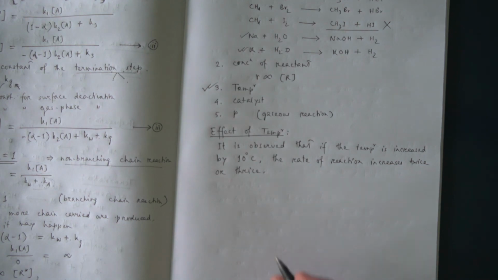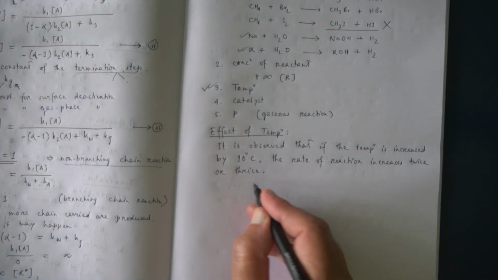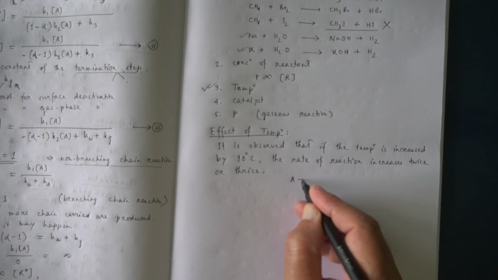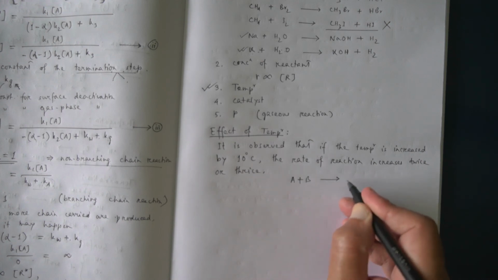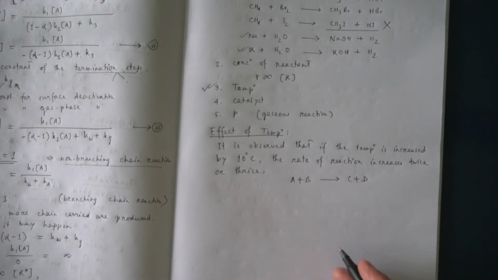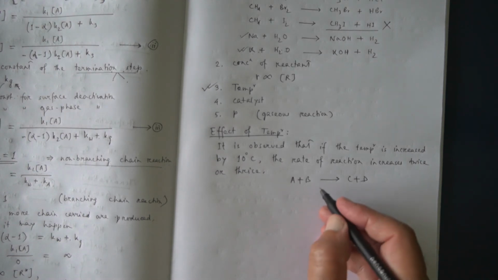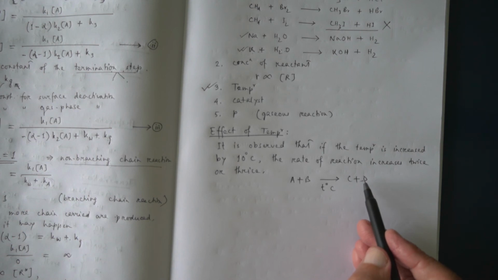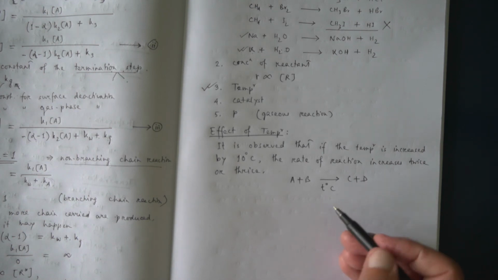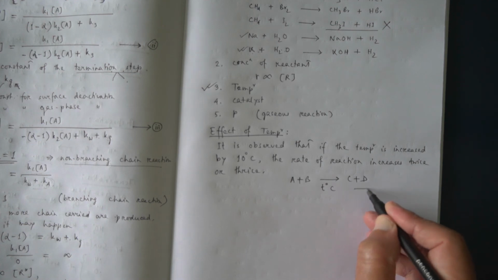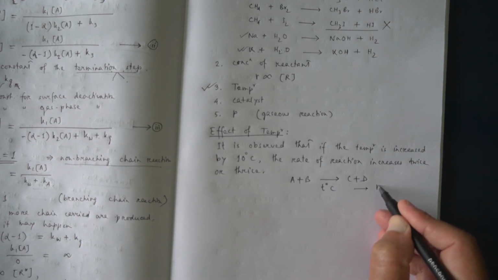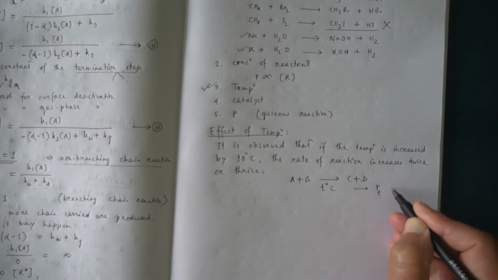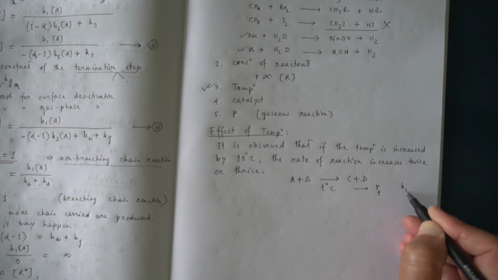Suppose we have a reaction like this. First say we are doing the reaction at T degrees Celsius, and at T degrees Celsius, let the rate be RT and the rate constant be KT.